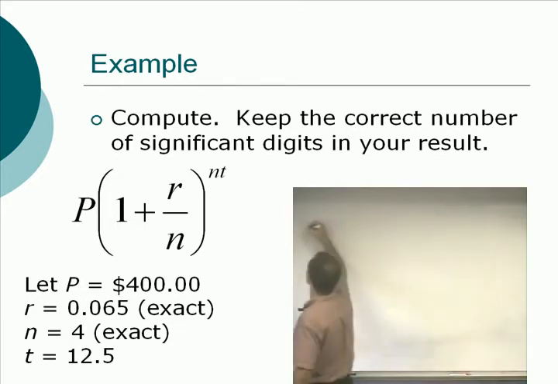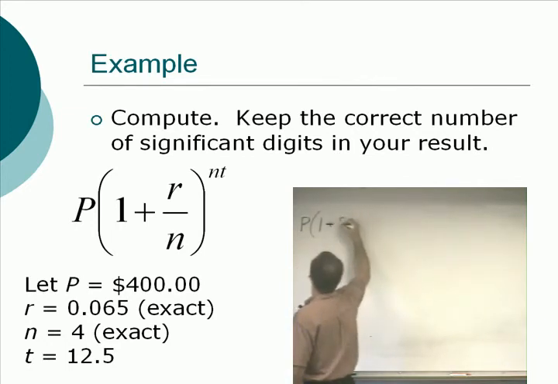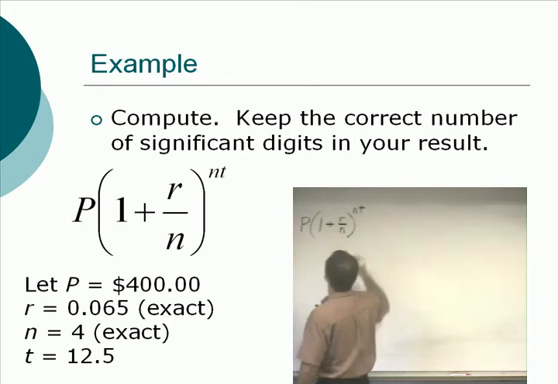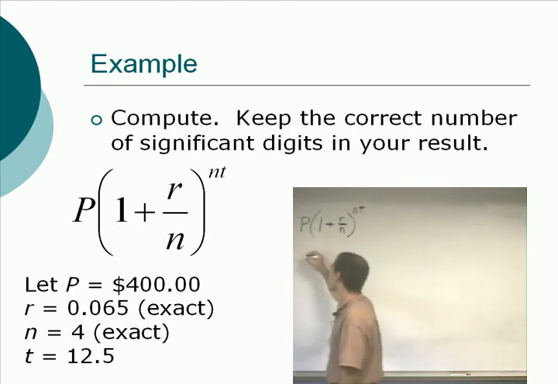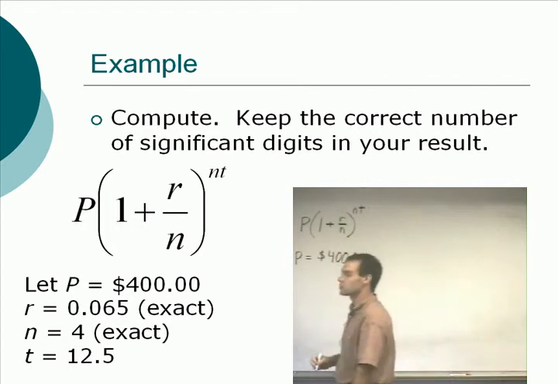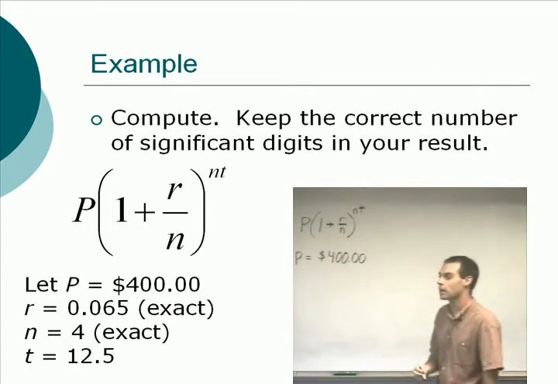Our formula is P times 1 plus R over N with an exponent of N times T. And we have the following values. We know that P is equal to $400 with the precision of the nearest penny or hundredth of a dollar.